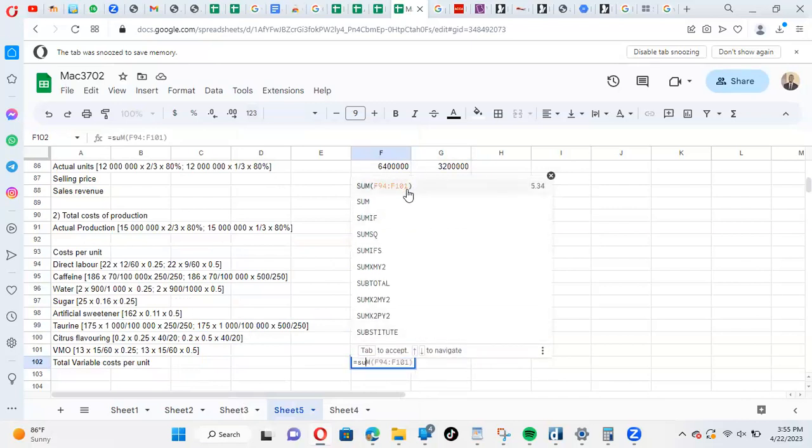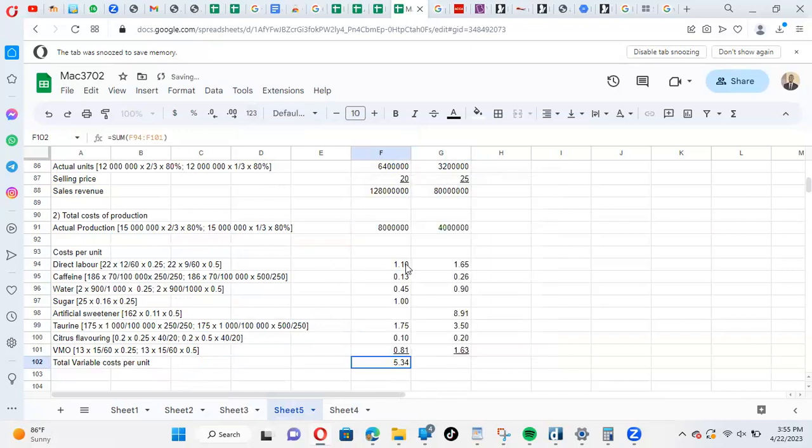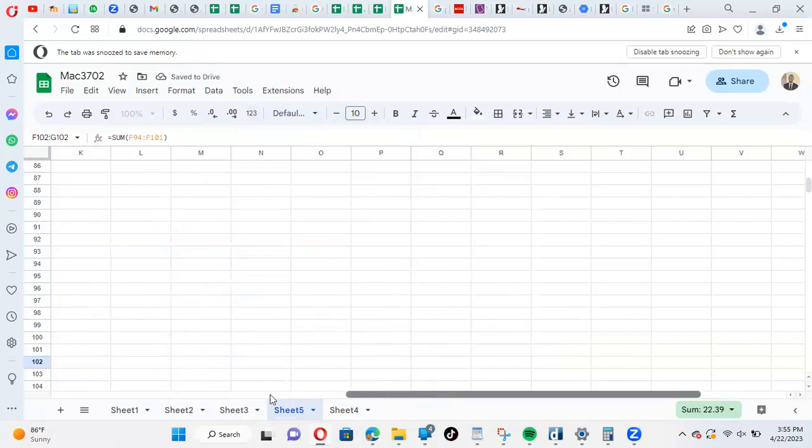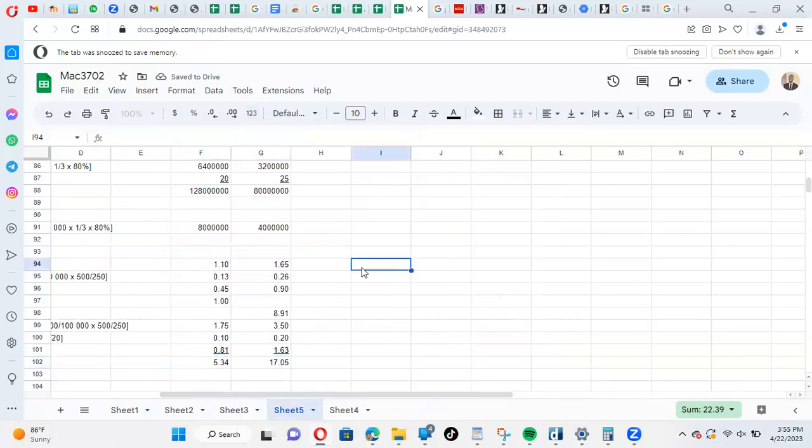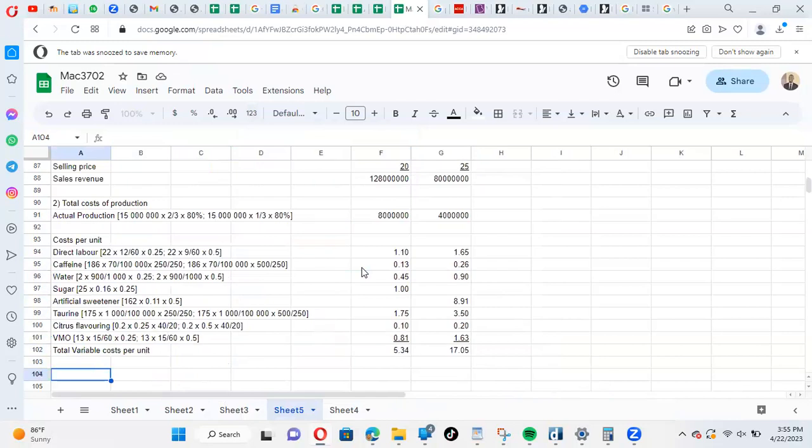So is this starting from 94? 94 is there. So I agree with that assessment. All right, there we go. Right, so to get the total cost, we would obviously multiply by the actual units manufactured.